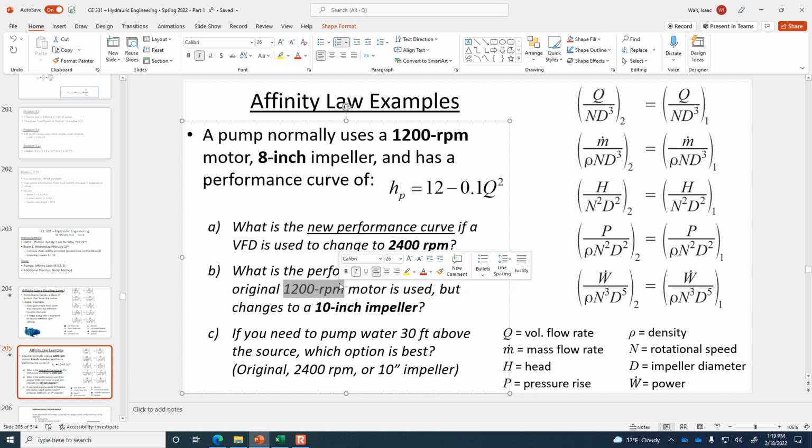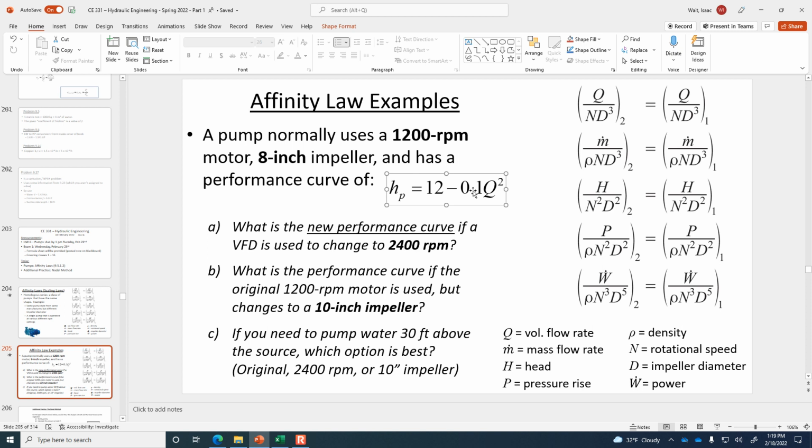Okay, so I'm going to pause for this one and give you some quiet time to solve it. What we want to do is use the same top equation and then the middle one, and we have this as our original pump performance curve. So what's changing now is D. D1 is 8 inches, but D2 is going to be 10 inches, and both N1 and N2 are 1200.